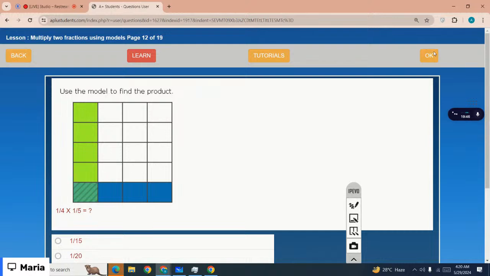Use the model to find the product 1 by 4 times 1 by 5. So which is the correct option?